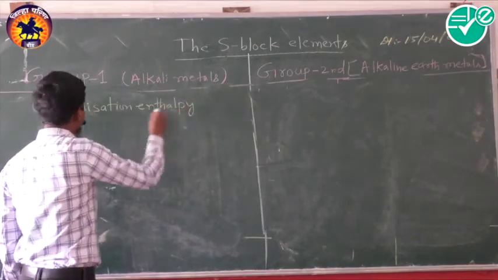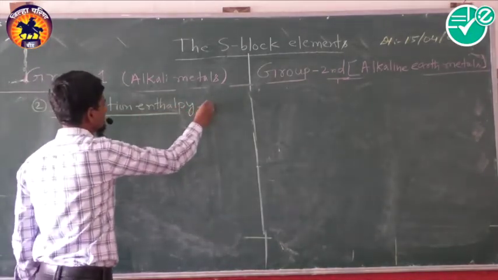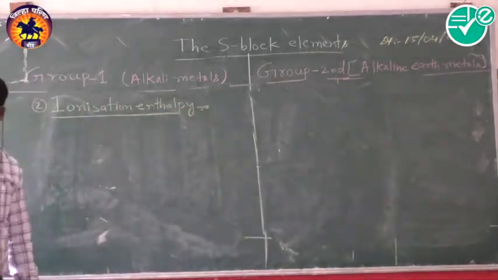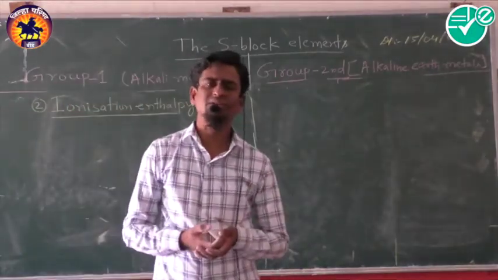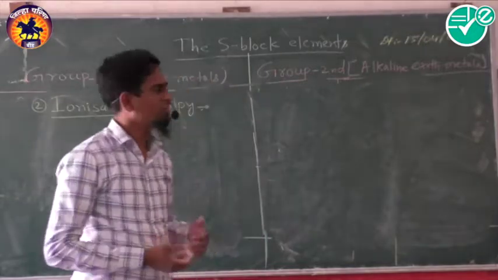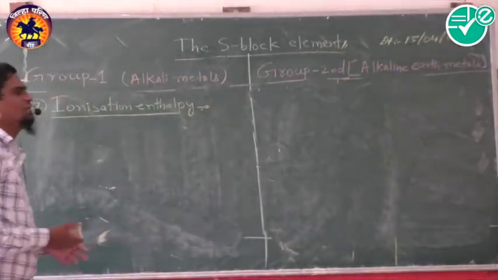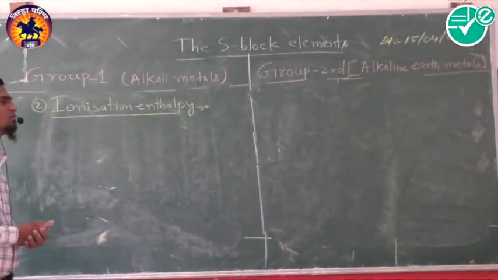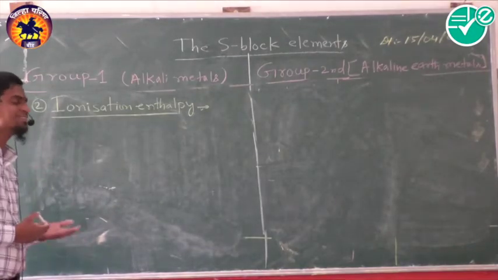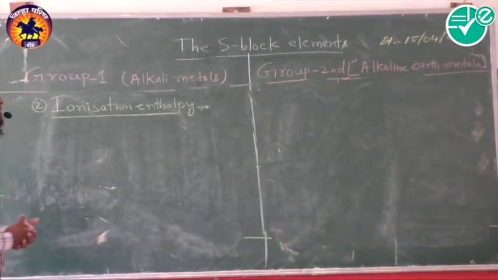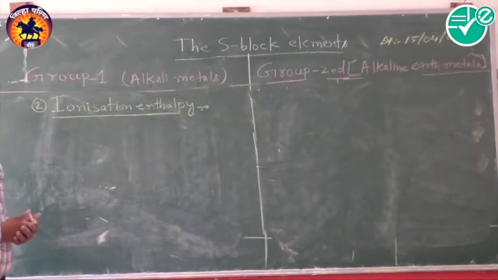If you remember what ionization enthalpy is, it is the amount of energy required to remove a valence electron of an element from its gaseous state. That is called ionization enthalpy.